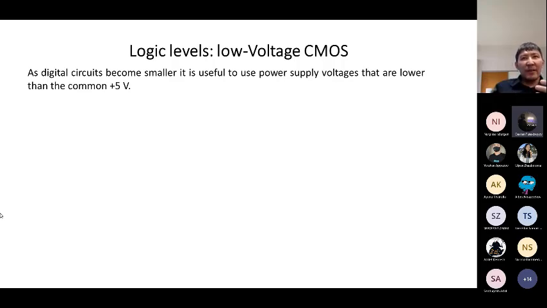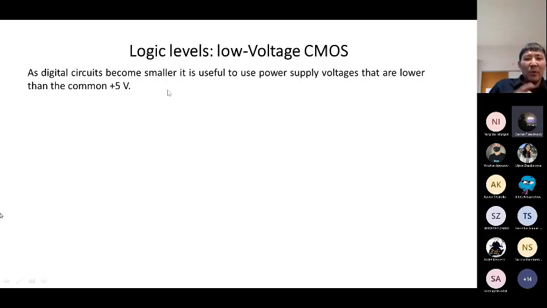You should understand what power is: power is voltage times the current, right? So if you reduce the voltage, you reduce the power, and it means we reduce the energy consumption. For these reasons, now all manufacturers try to reduce the power supply voltage of integrated circuits. The more widespread is 5 volt, but it's too high.